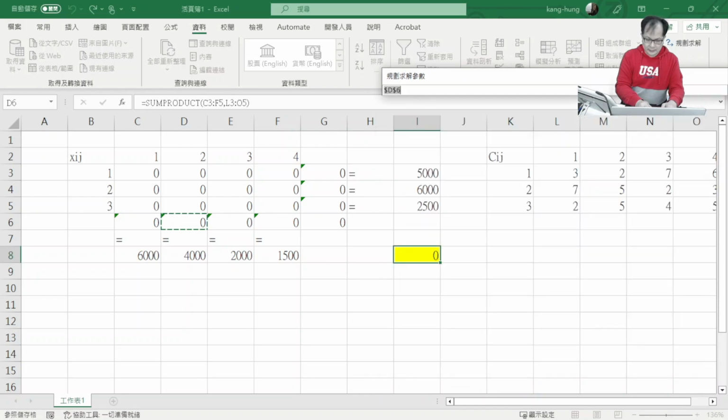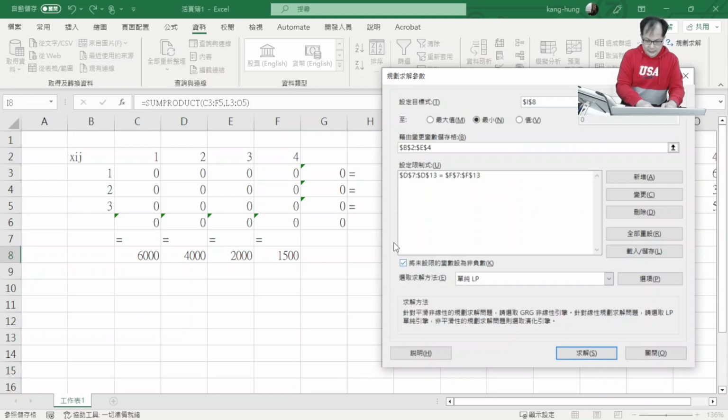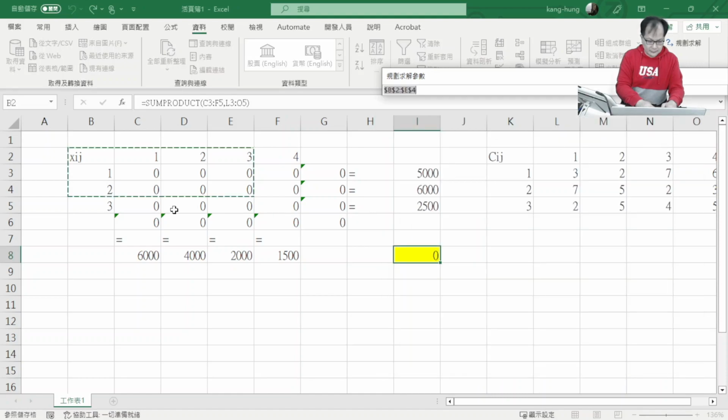And our objective is here, right? Objective value is here, and we need to minimize. So we choose the minimize, and all the decision variables are in this matrix, right?